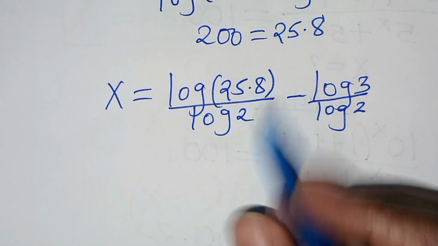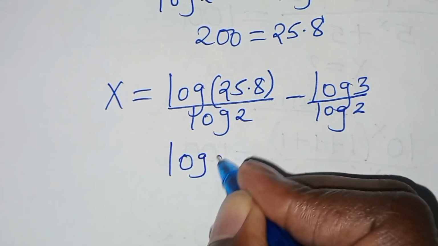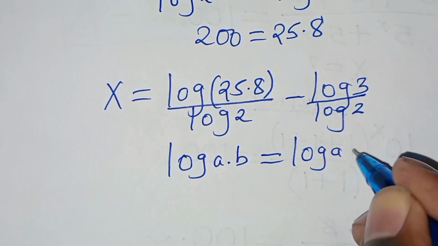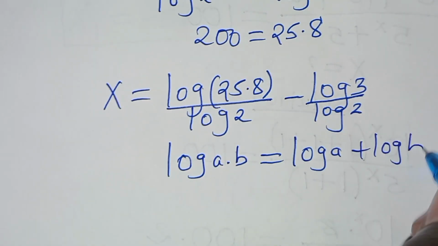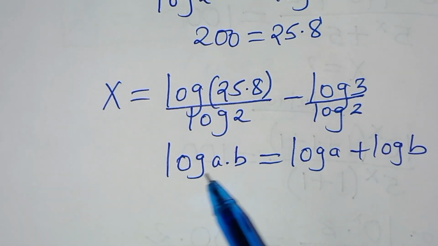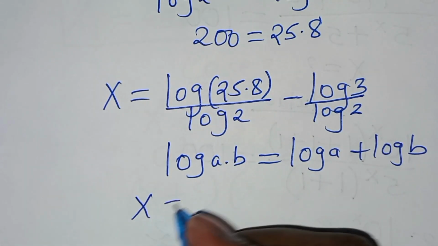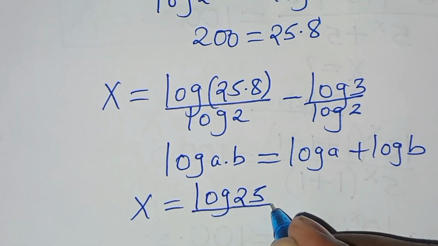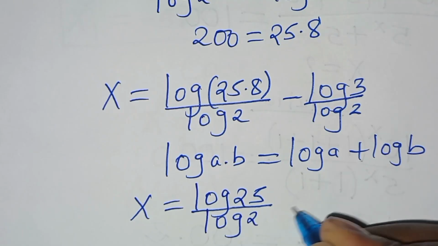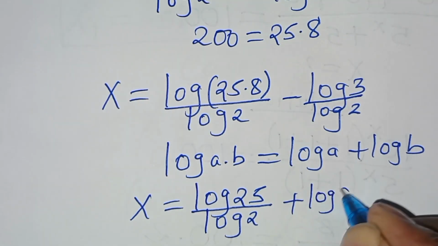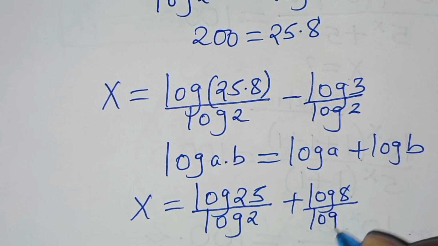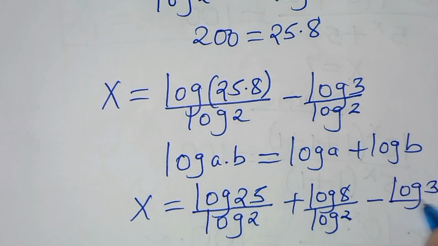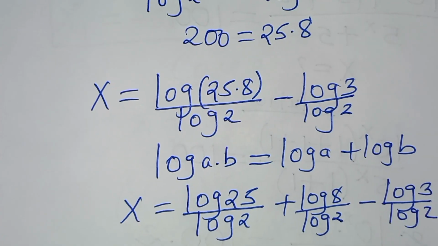So log 25 times 8, this is in the form of log a multiplied by b, which we can express as log a plus log b. Applying this logarithm property, then x will be equal to log 25 divided by log 2 plus log 8 divided by log 2, subtract log 3 divided by log 2.